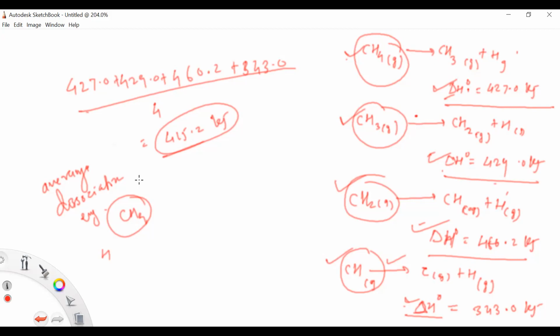This carbon hydrogen bond energy will be the average bond energy or the bond dissociation energy, and that is when this CH4 molecule comes to the last stage, that is gaseous carbon plus the 4 hydrogen gases, and therefore the delta H for C-H is the summation of delta of delta H upon 4, and then we can find out the average energy.